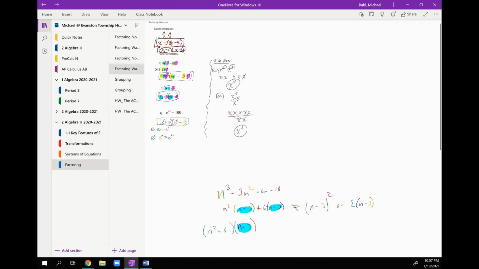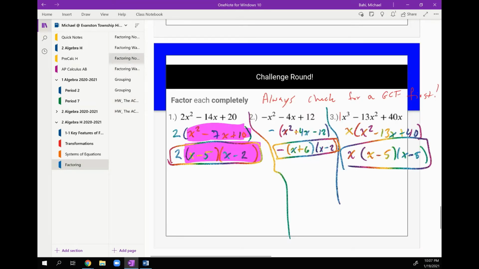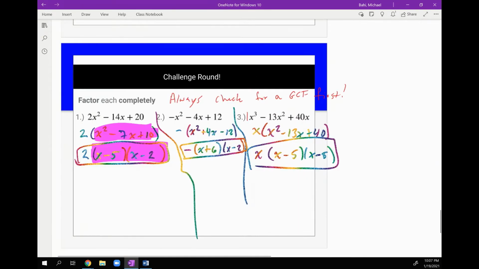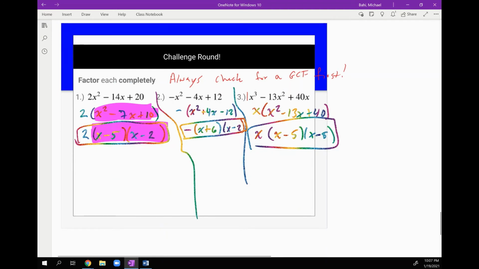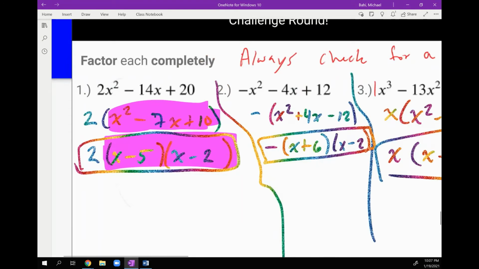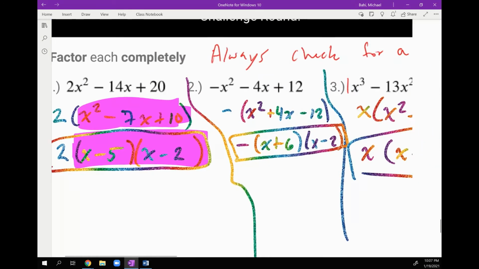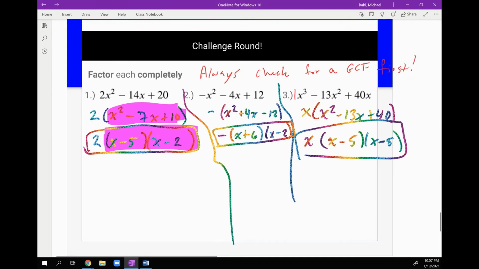If you remember, when we had a regular trinomial, this is from a couple Fridays ago, I believe. So how come we can't just do what we did here? Well, with these problems, there was a GCF that we could factor out first, as noted here.